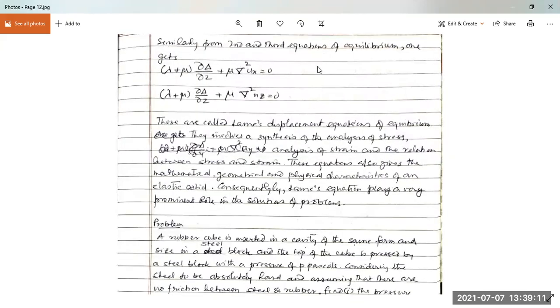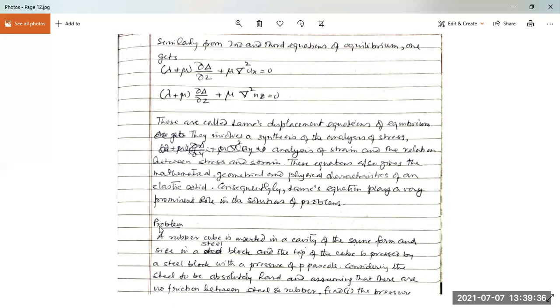Similarly, from the second and third equations of equilibrium, following the same theory, we have (λ plus μ) ∂Δ/∂y plus μ ∇²u_y, and (λ plus μ) ∂Δ/∂z plus μ ∇²u_z. This will be y, and this will be z here.